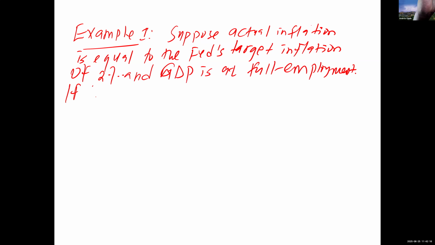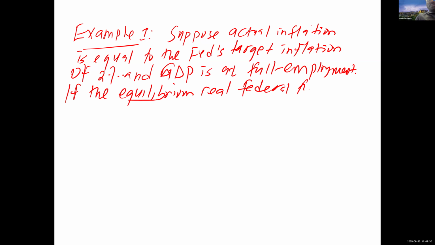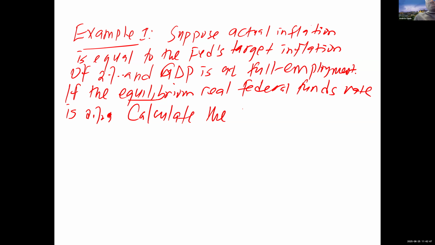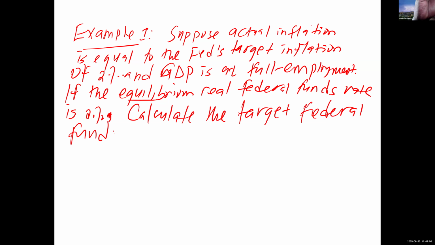Then I say, if the equilibrium real federal funds rate, which is always going to be given to you, is 2%. Calculate the target federal funds rate using the Taylor rule.